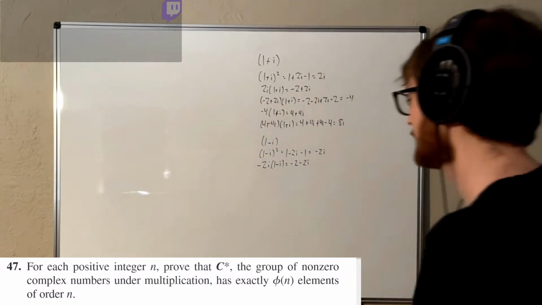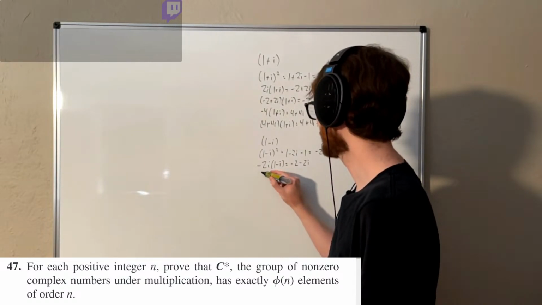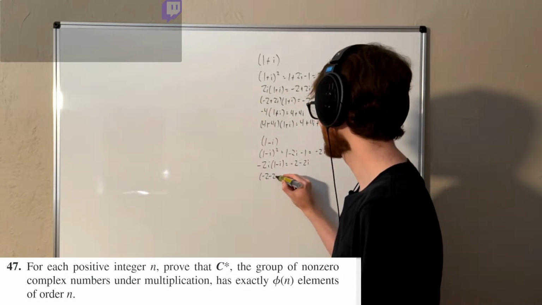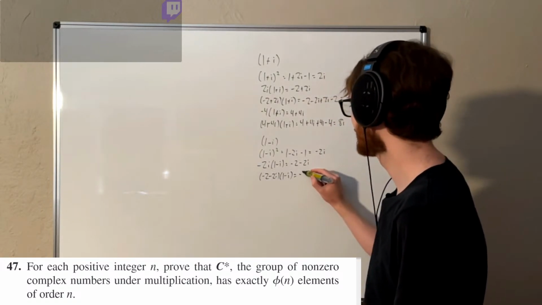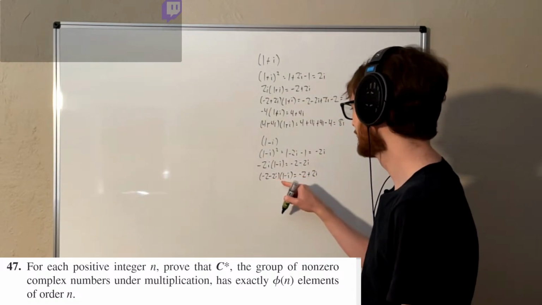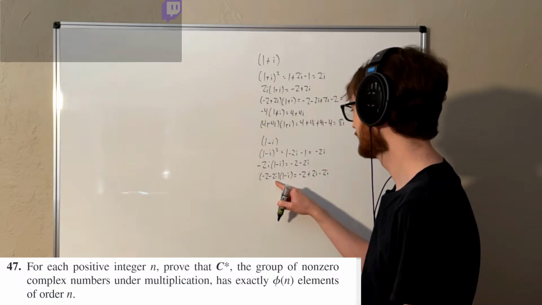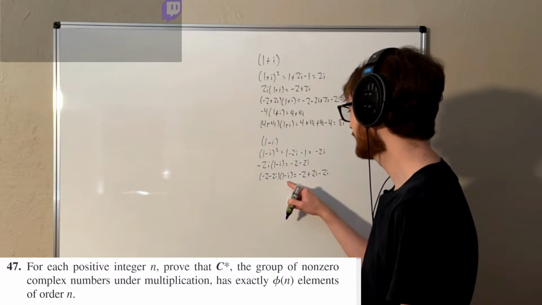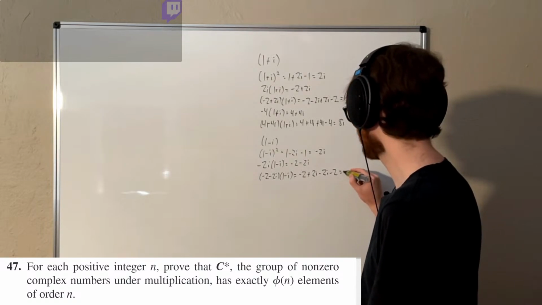Let's try one more, 1 minus i, just in case I'm missing something. Could see this one maybe working out. So I'm just gaslighting myself. No, this one will work out, I swear. Positive 2i squared becomes negative 2. Ah, no. It's negative 4.